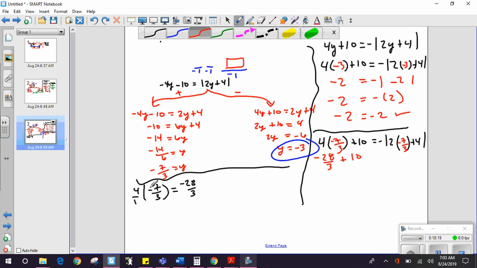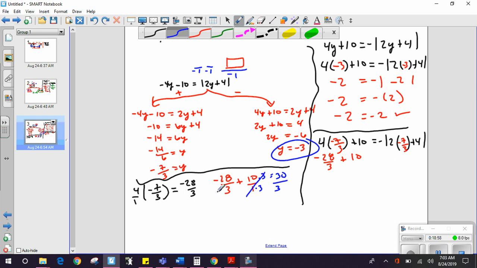Alright, so now I'm going to add negative 28 over 3 plus 10 over 1. Again, you got to turn it into a fraction, but they have to have common denominators. So I need to make 10 have a denominator of 3 by multiplying by 3 both at the top and at the bottom, which would give me 30 over 3.